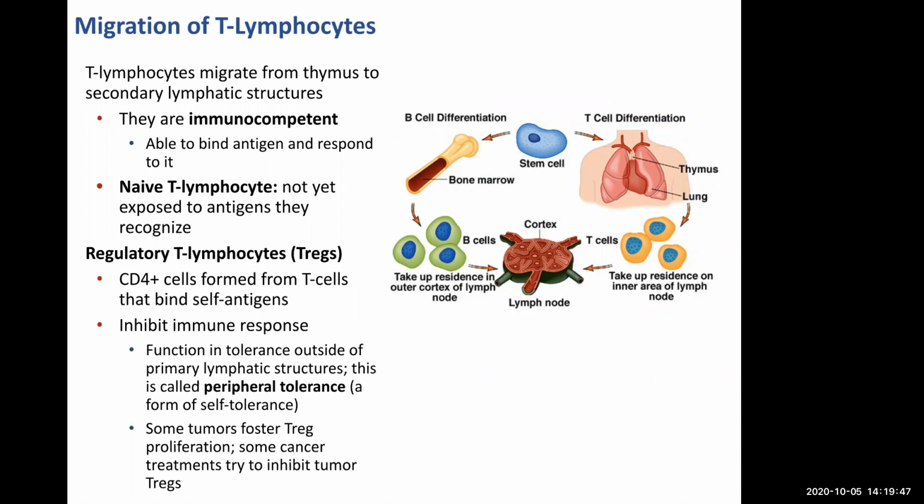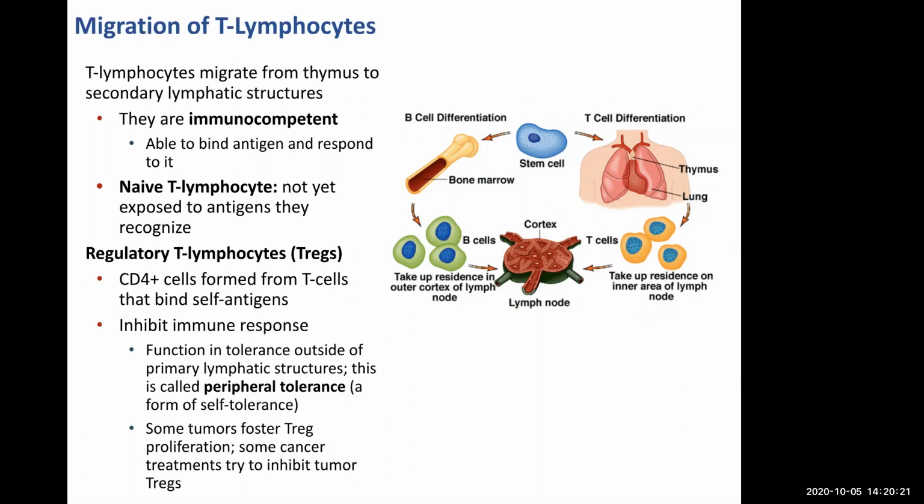So regulatory T cells are a special type of T cell that we're not going to talk a ton about. What I want you to know is that these cells are involved in helping to prevent autoimmunity, right? So they play, mechanistically speaking, a really important role in helping inhibit the immune response, specifically in a way that helps to eliminate any kind of autoimmune reaction.